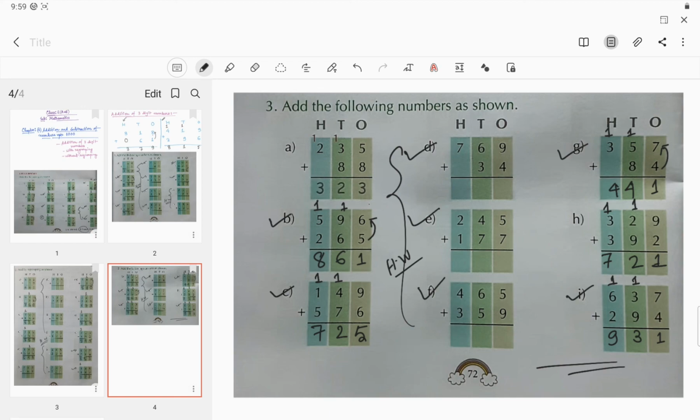Here we have done only 2 times addition. 2 times means we are adding 2 numbers, sometimes 1 3 digit and 1 2 digit number. But after this video session, we will do the addition of 3 3 digit numbers with word problems. Okay, so thank you. Go through this video and keep learning.